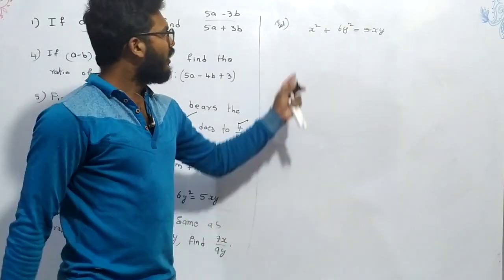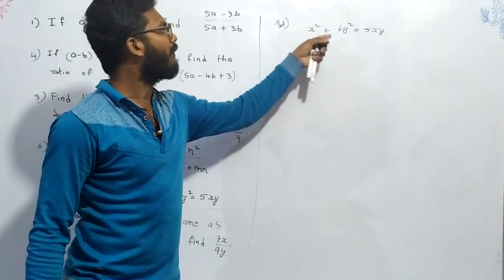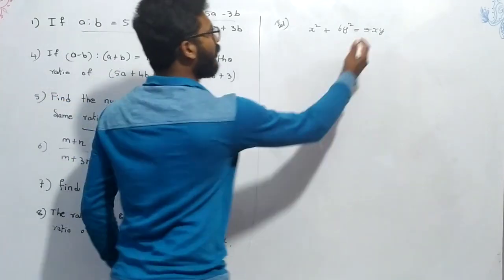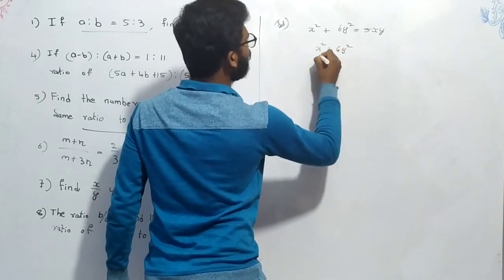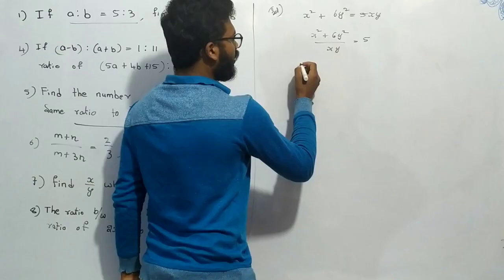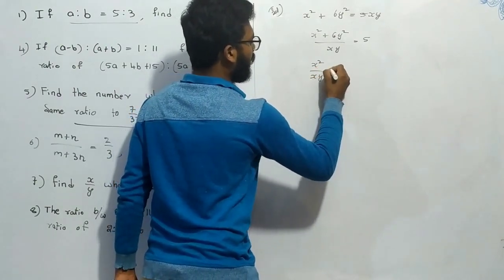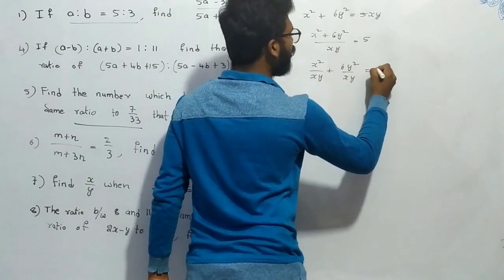So see, if you send xy this side, x square plus 6y square by xy is equal to 5. Next, it will become x square by xy plus 6y square by xy equal to 5.